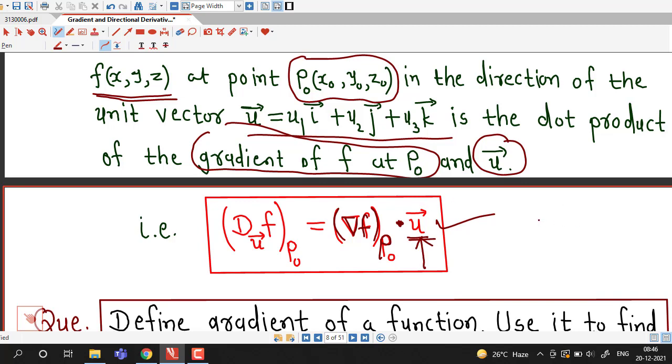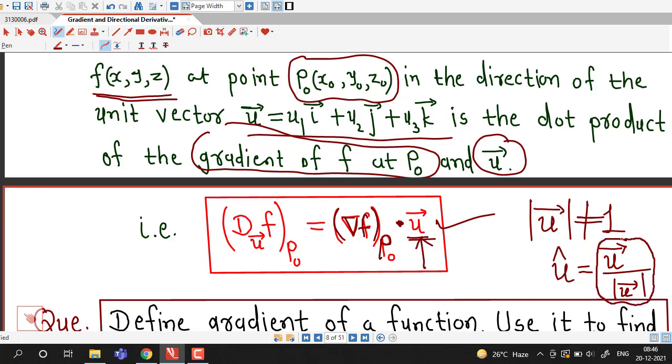If given vector is not unit vector, suppose our vector u bar is not having length 1, then we can find out unit vector in the direction of given vector by this formula, u bar divided by length of u bar. So if u bar is not unit vector, we will first find out unit vector in the direction of given vector. By this formula, we will divide this vector u bar by its length.